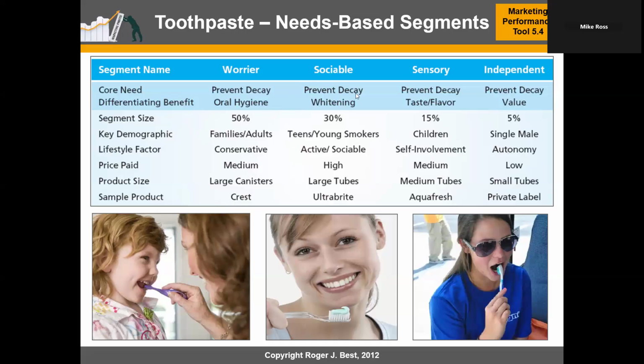I'm concerned about decay, but if I'm a worrier I'm more focused on hygiene, then I want to make sure my teeth are super white. Now, across the board, everybody's concerned about preventing oral decay, but we have some who are focused on the taste of the flavor.